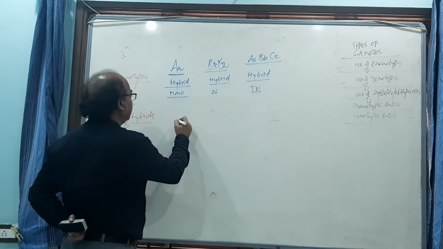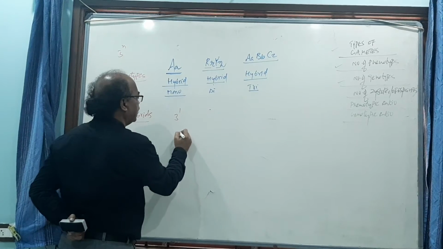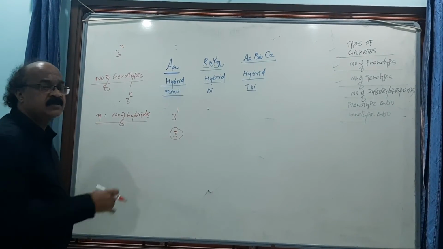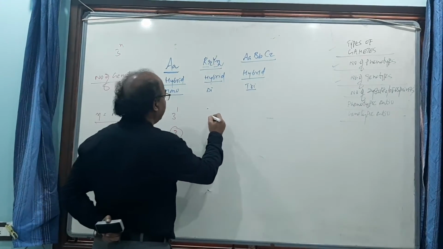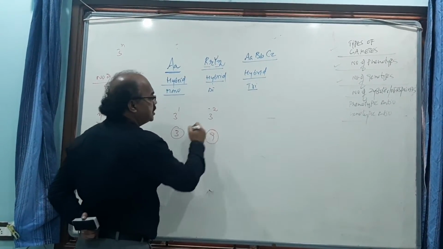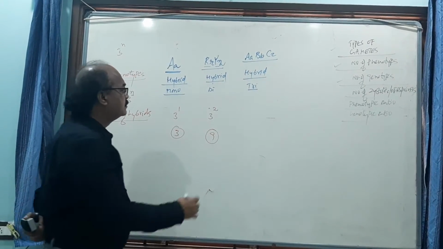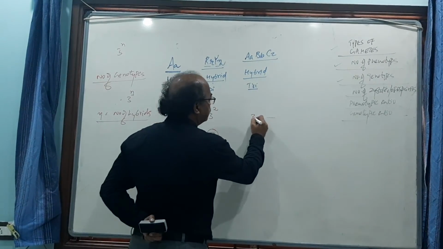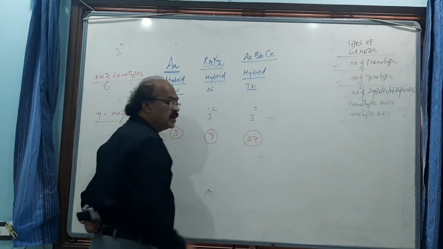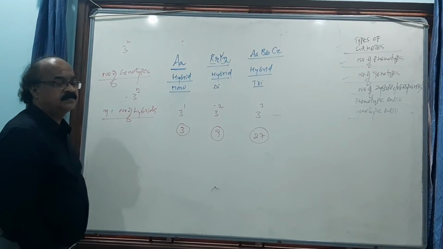Here you are getting 3 genotypes. Here you are getting 9 genotypes. Here you are getting 27 genotypes.